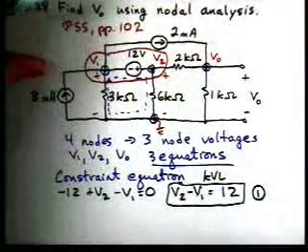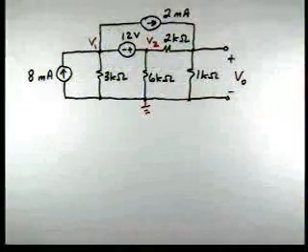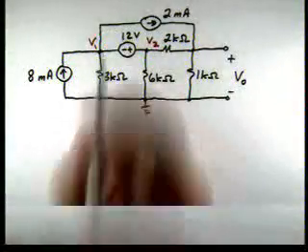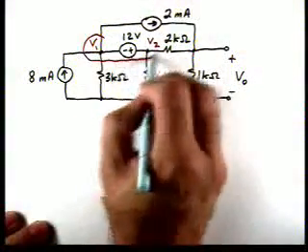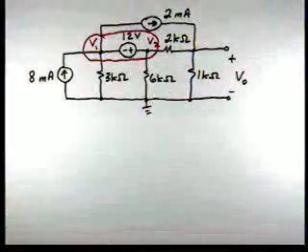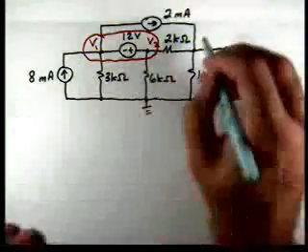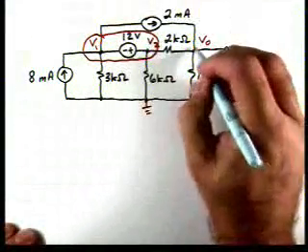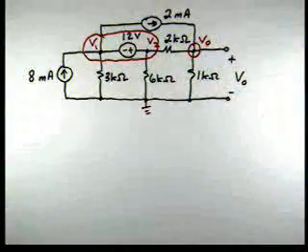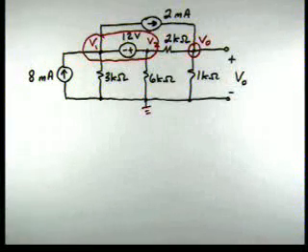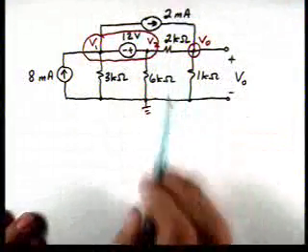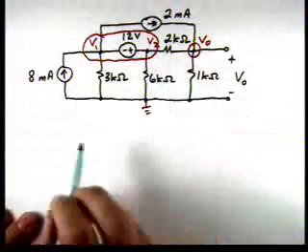Now, we need 2 more equations. So let's go to our circuit, and again, let's show the supernode. First, let's apply KCL at that node. If we do that, again, we'll sum currents leaving through resistances and set it equal to currents entering from sources.